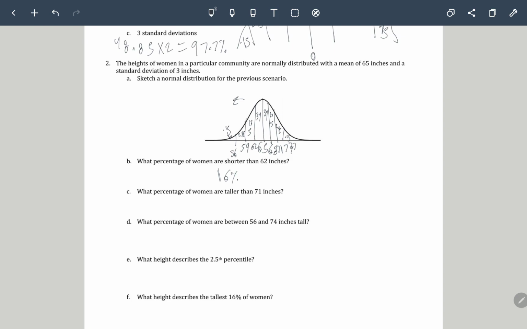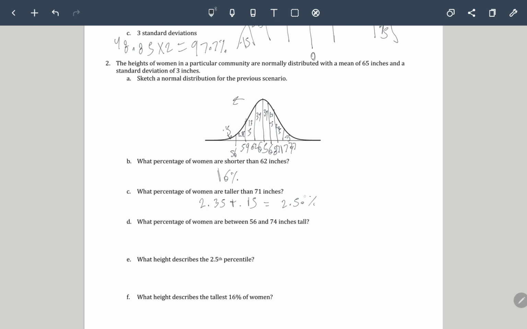Now it says what percentage of women are taller than 71 inches. So here we see 71, right? 71 has the percentages 2.35 and 0.15. So 2.35 plus 0.15 equals 2.50%.